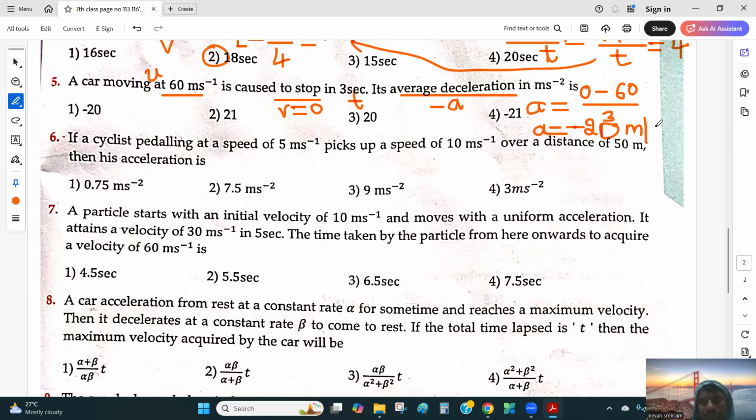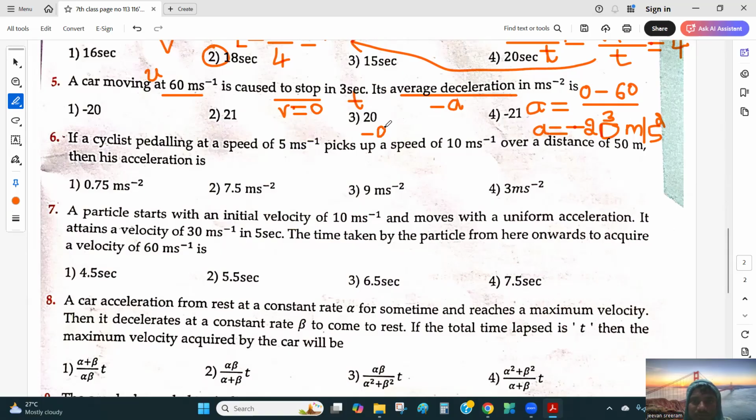minus 20 meter per second square, right? Minus 20, but we need the average deceleration.